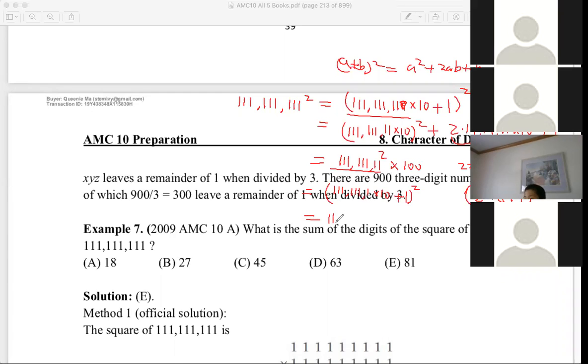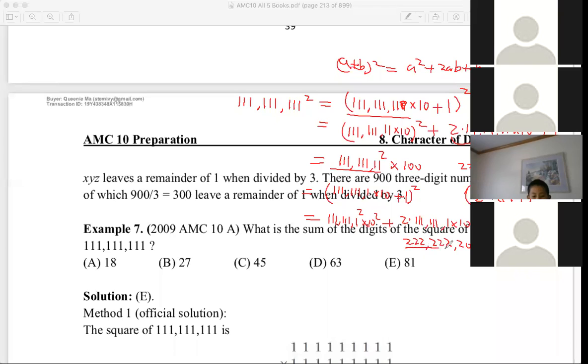We got this one, 1, 1, 1, 1, 1, 1, 1 squared times 10 squared, then plus 2 times 2 times 1, 1, 1, 1, 1, 1, and 1, then times 10, then plus 1. So then, we have these together, that would be 2, 2, 2, 2, 2, 2, 2, 0, then plus 1.